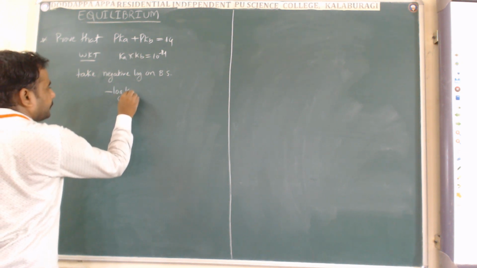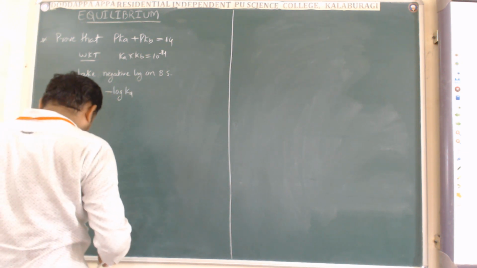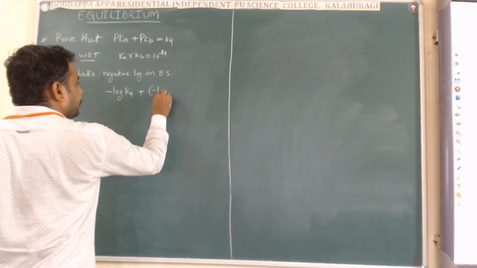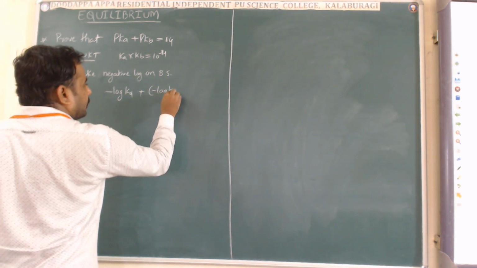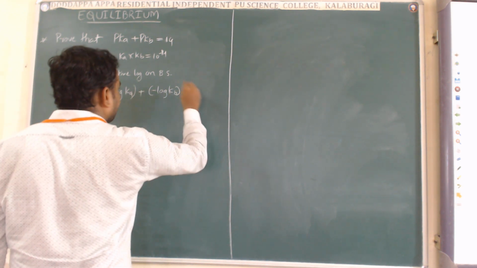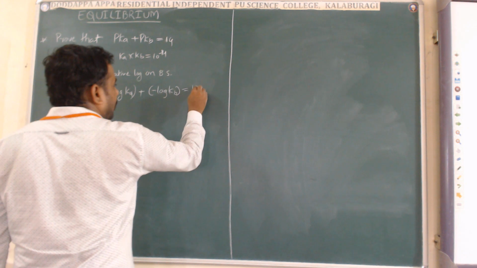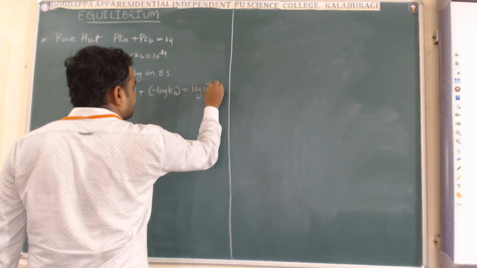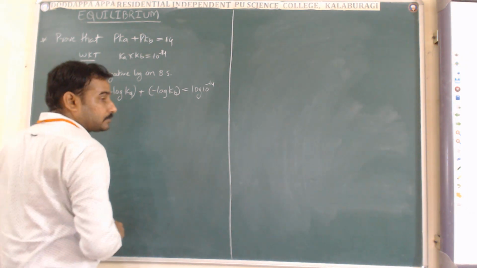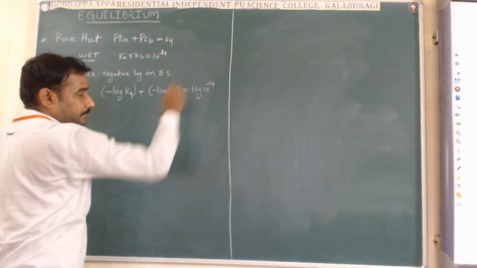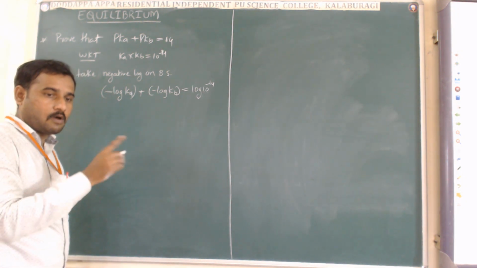Negative log of Ka plus negative log of Kb is equal to negative log of 10 raised to minus 14. You already know log m raised to n becomes n log m.